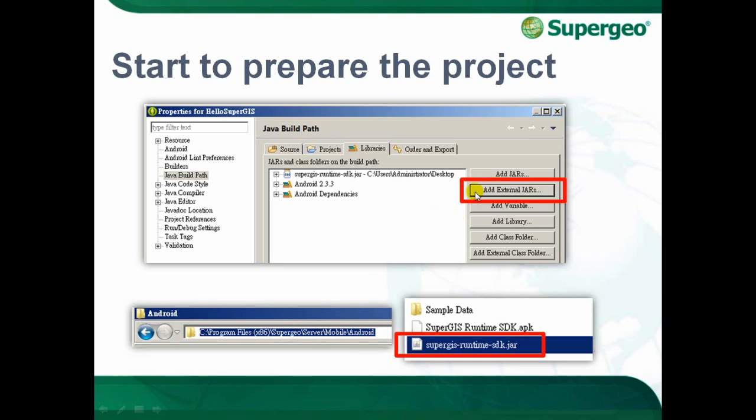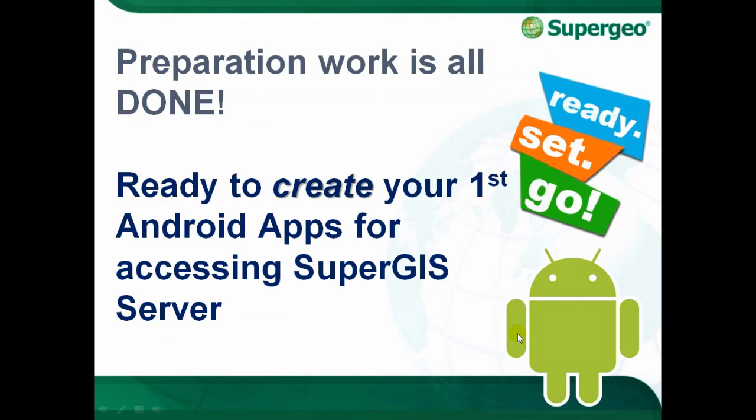So we need to click on this icon to add this jar file to the library, and then switch to Order and Export and select this one to enable the jar, and then the components will be added to the project, and it will call the functions in our jar file. So that is all about the preparation work. So we can now start to create our first Android apps for accessing the map service from our SuperGIS server.